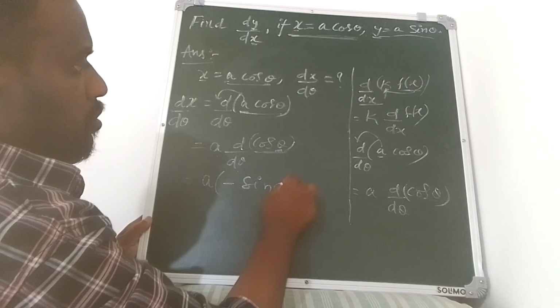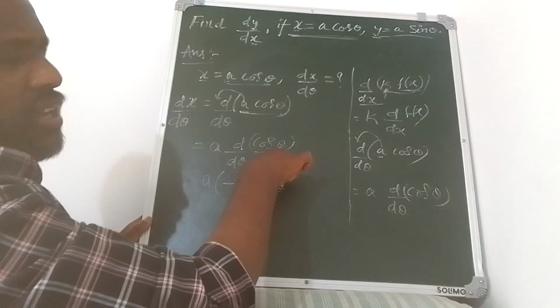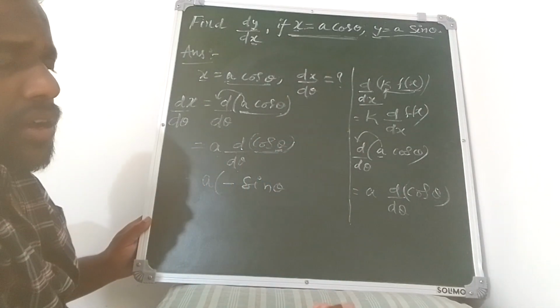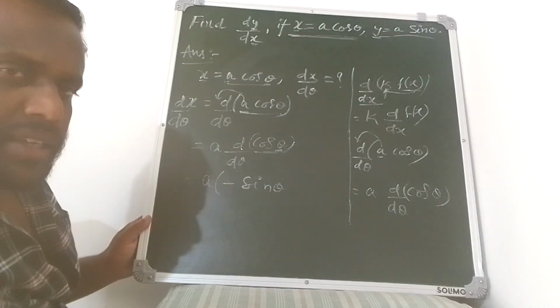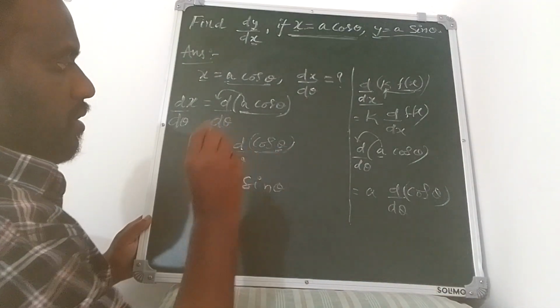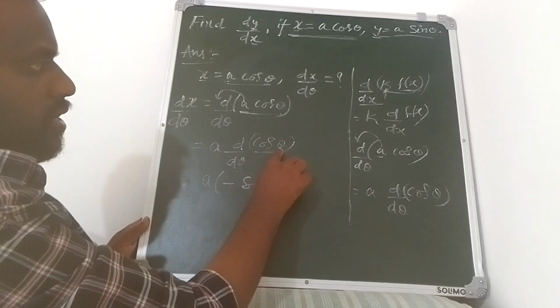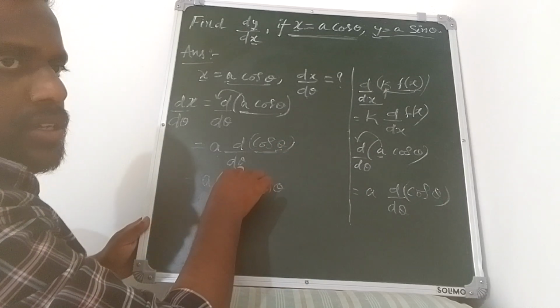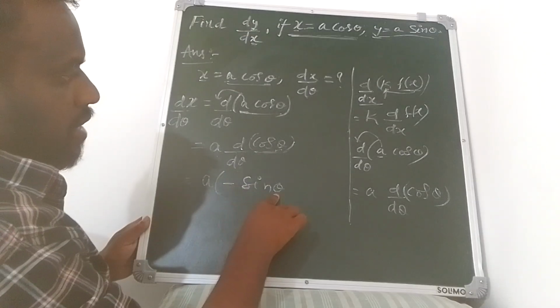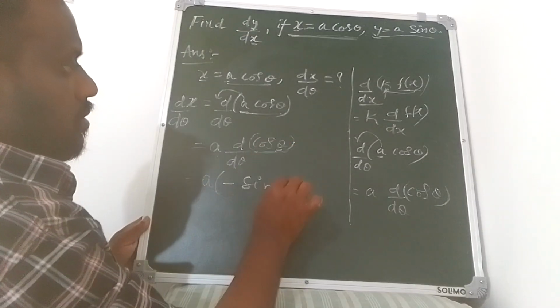If theta is there, you have to put theta. In place of this, if we have some other variable, say like x or y, z, something like that, the same thing you have to keep here. If z is here, the same thing will be here. That time we can write minus sine of this variable.